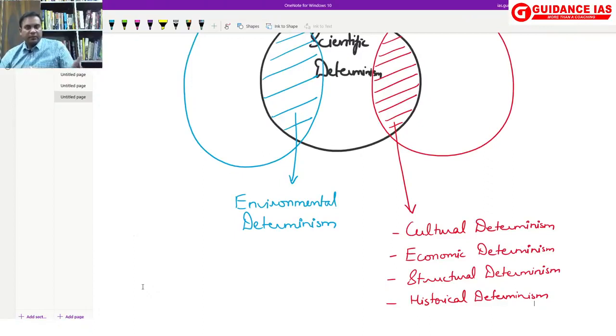Okay. So can you understand the difference between environmental determinism and cultural determinism? Both are determinism. Why are both determinism? Environmental determinism, cultural determinism, economic determinism, structural determinism, historical determinism. Why are we calling all of these determinism? Anyone?